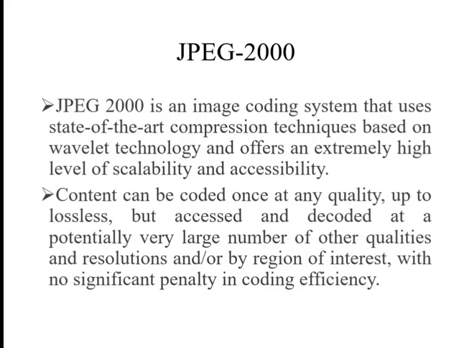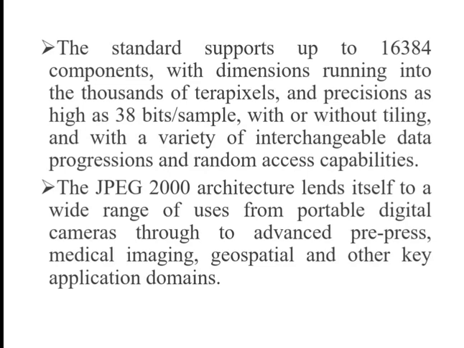The JPEG 2000 architecture lends itself to a wide range of uses, from portable digital cameras through to advanced prepress, medical imaging, geospatial and other key application domains. These figures represent the impact of dead zone interval selection on wavelet coding.